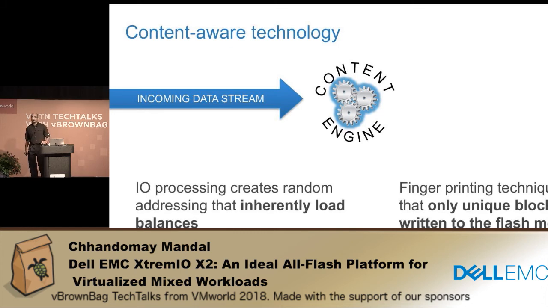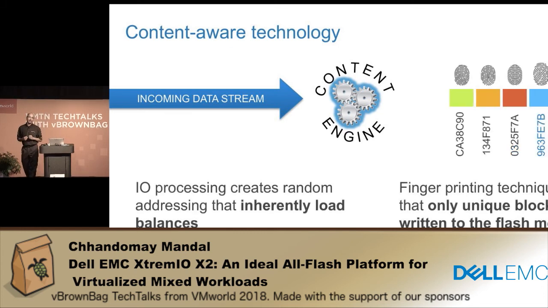The heart of XtremIO is what we call a content-aware metadata engine. We do not store data based on their logical addresses. We actually do data placement based on the content. Think of it this way. As the data comes in, we chunk it into blocks, and for each block, we apply a fingerprint generation algorithm.